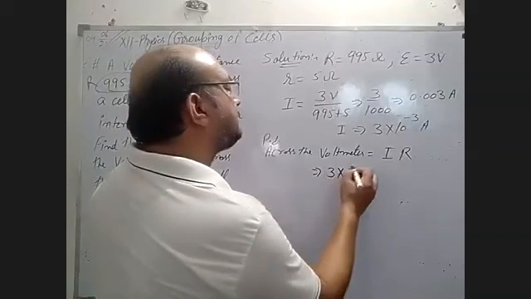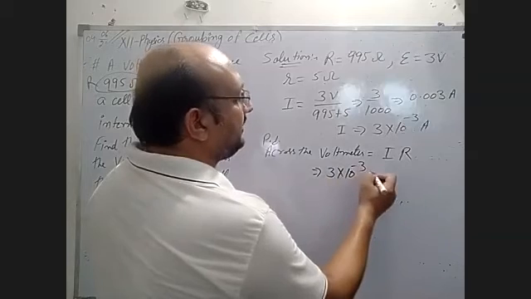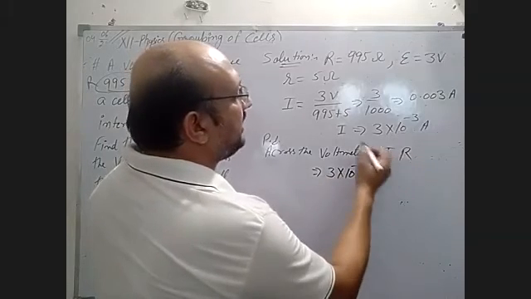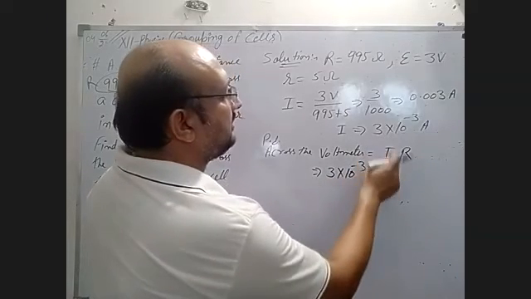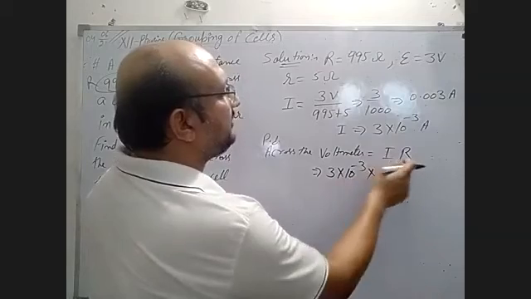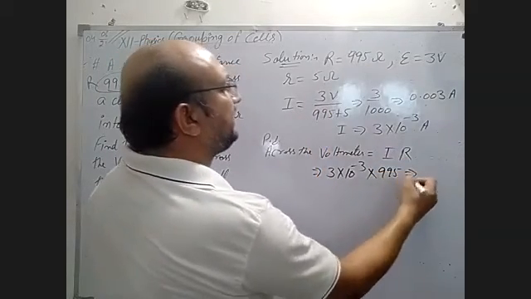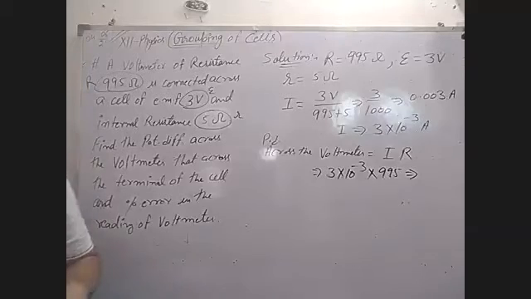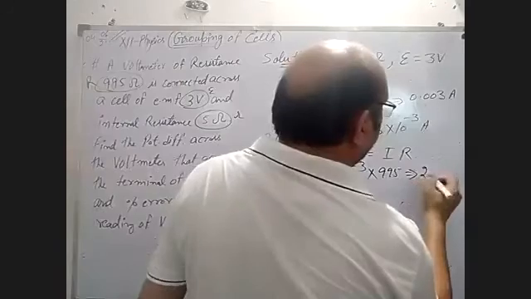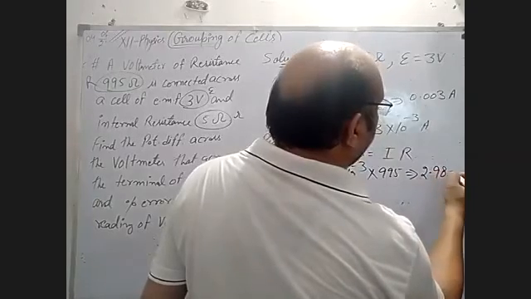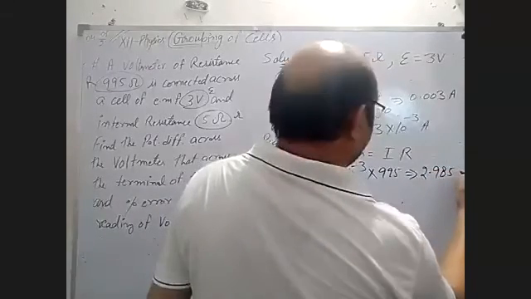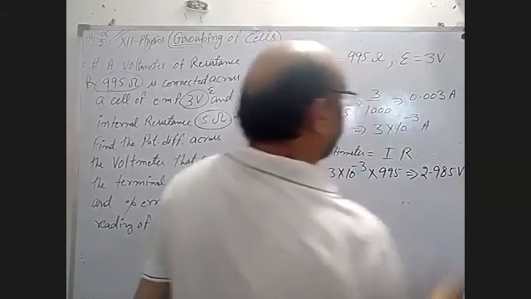Now solve it. What is the value of I? 3 into 10 raised to the power of -3, into what is the value of R? 995. Multiply. After multiplication, you will get 2.985 volt.